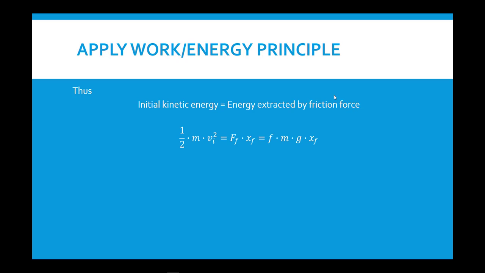We will apply the work energy principle, and basically what we're saying is that the initial kinetic energy is equal to the energy extracted during the skid by the frictional force. That's written in words above, but then the expression is written in equation form below that. On the left is the initial kinetic energy, and on the right is the energy extracted during the skid.